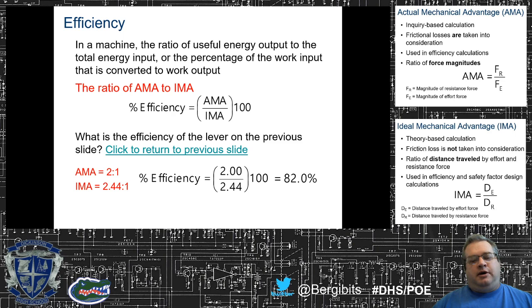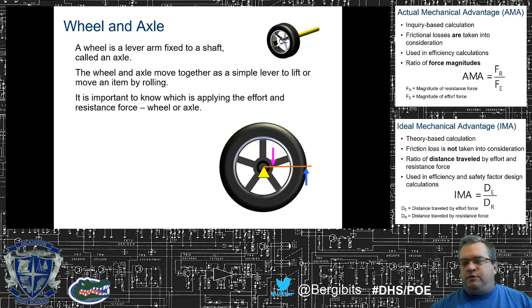So if you adjust the numbers back and forth on force versus distance of resistance and effort, you can bring those numbers up and down depending on the work that you need to do. No machine is 100% efficient. There's always room for improvement.